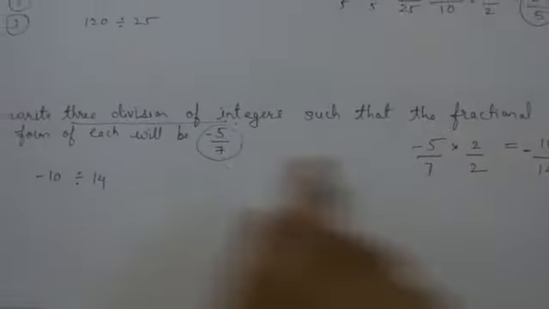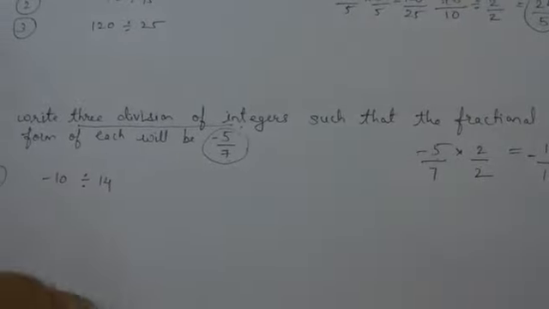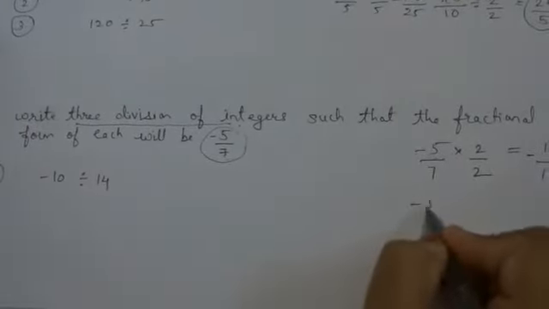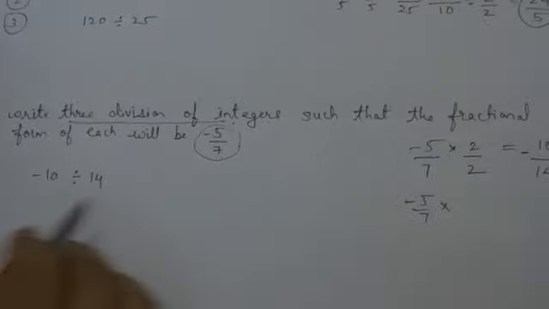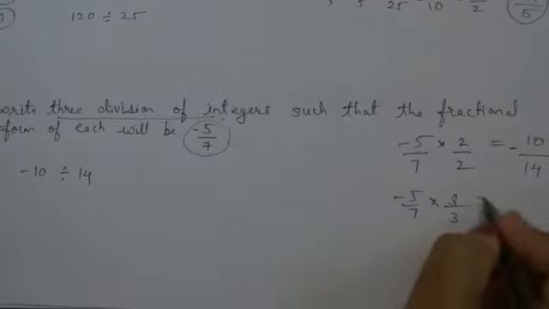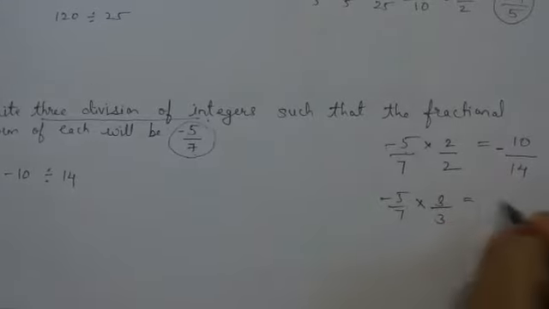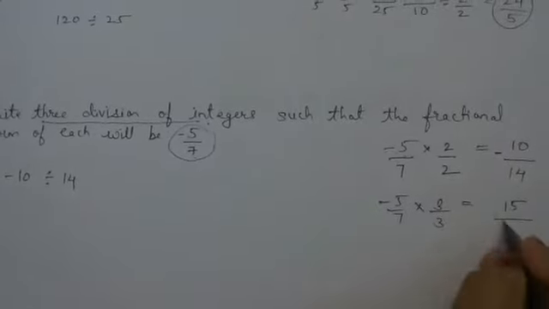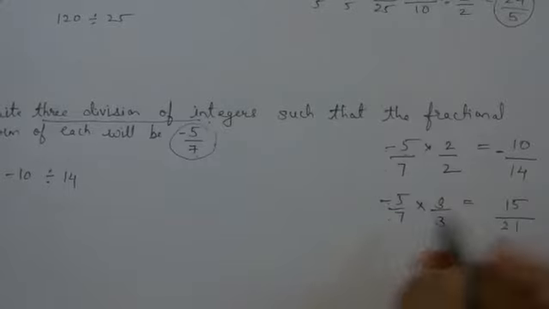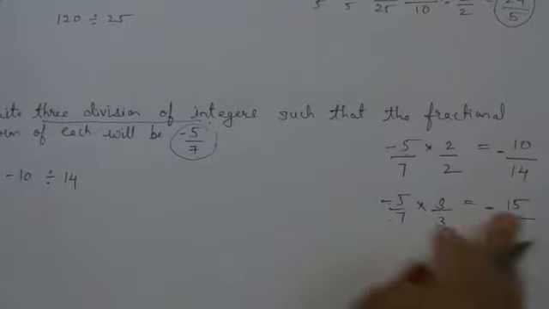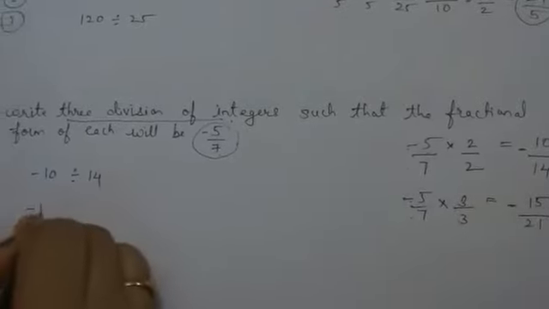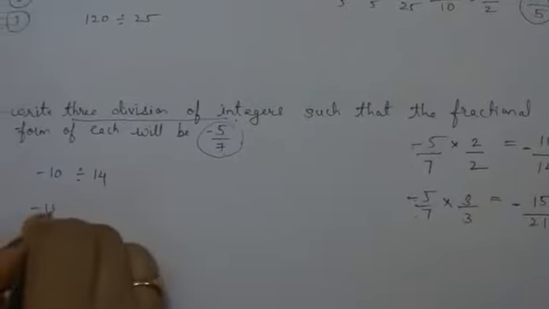See the second. For getting the second, again take this fraction minus 5 upon 7. Now multiply by 3. So minus 5 into 3. 5 3s are 15, 7 3s are 21. Here minus times plus is minus. So we got minus 15 divided by 21.